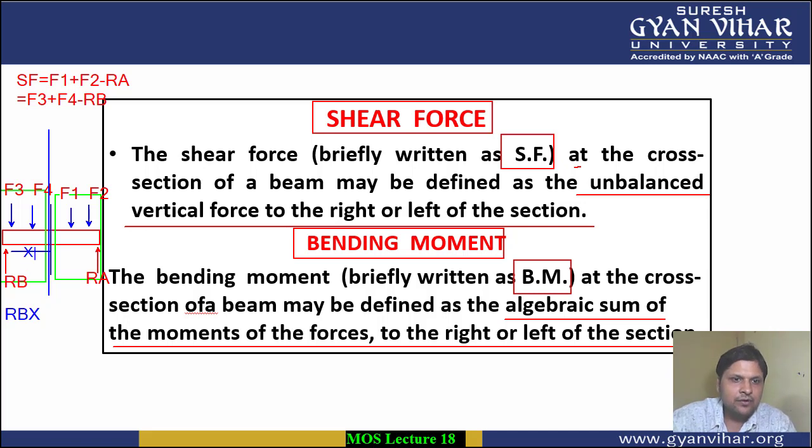All right, so here we can write Rb into x. Then in the same manner we will write for F3 and F4, and in this way we will find the algebraic sum of moment to the left of the section. Similarly it can be done for the right section also. We will solve the numerical and understand how it is done.